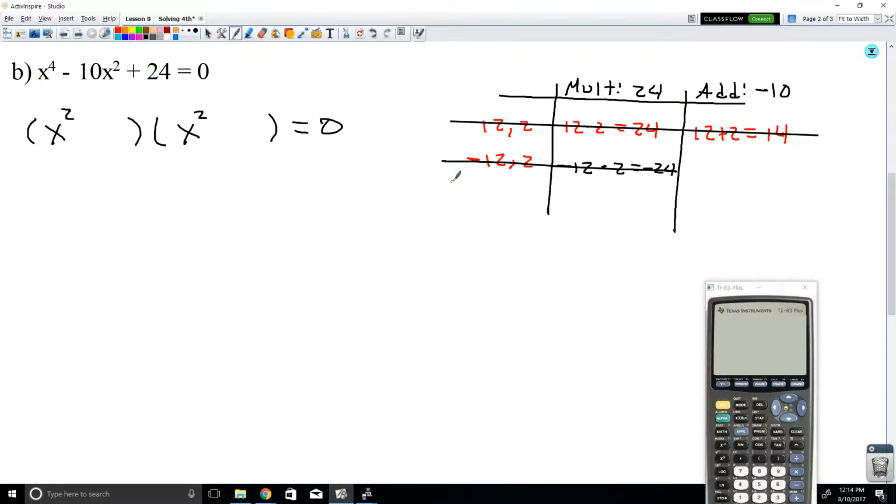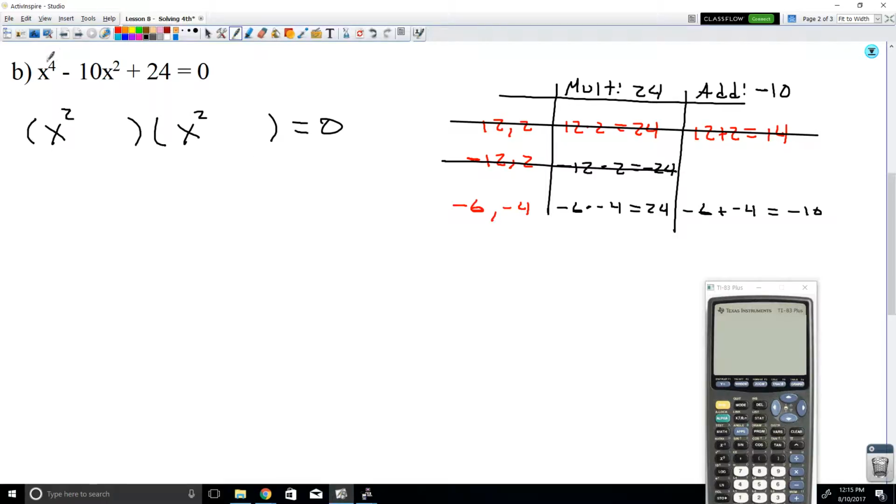How about -6 and -4? Well, let's check them out real quick. -6 times -4 is equal to +24, so that works. -6 plus -4 is equal to -10. Perfect. So -6 and -4 works out.